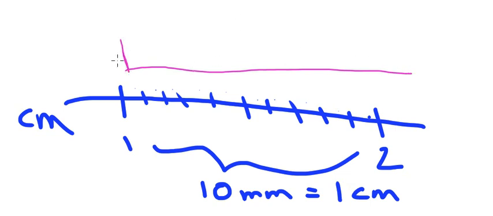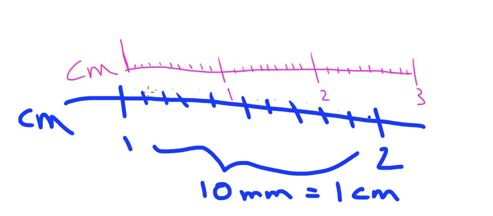So we're going to pretend like this is 0, and we have 1, 2, 3, 4, 5, 6, 7, 8, 9, 1. 1, 2, 3, 4, 5, 6, 7, 8, 9, 2. 1, 2, 3, 4, 5, 6, 7, 8, 9, 3. This would be 3, because this is a centimeter stick or centimeter ruler.